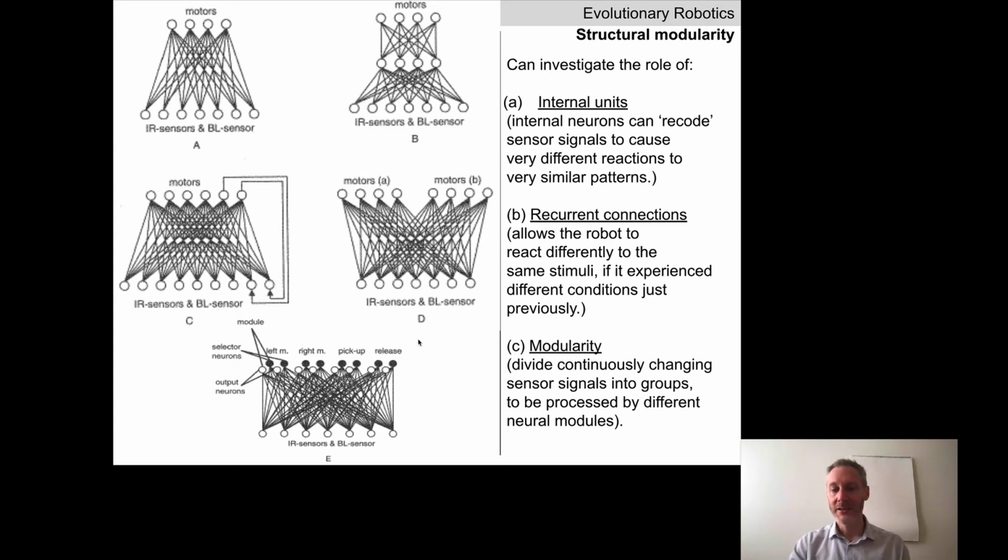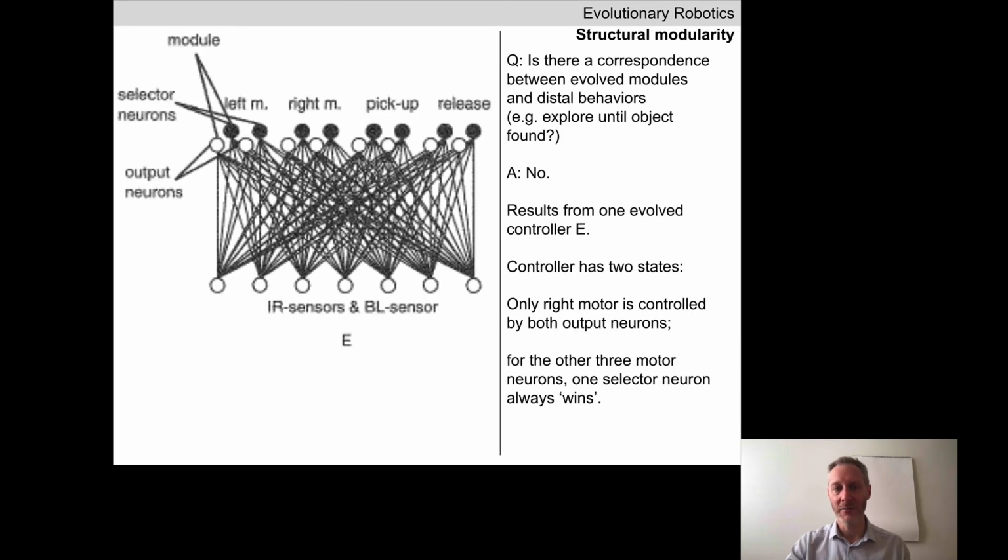If E does better than A, B, C, and D, that tells us that it's better for us to allow evolution to carve up the task than it is for us to try and carve up the task, at least in this simple example. So far, so good? Okay, it's a lot of build-up. Let's have a look at some results.